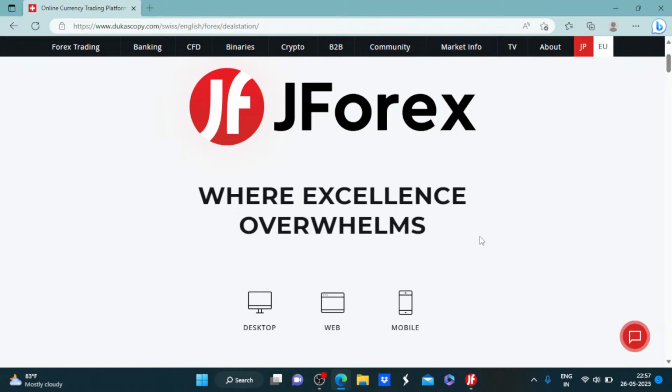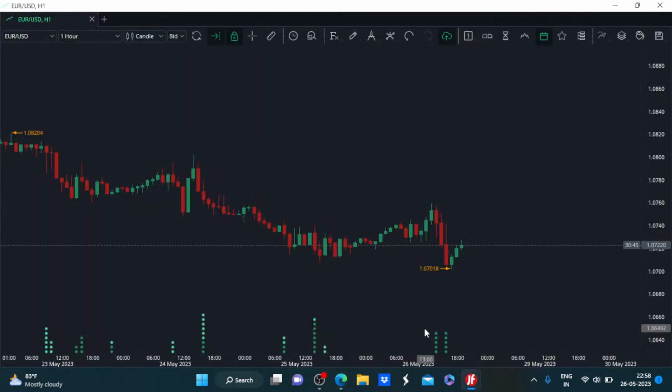So let us now head to JForex, the newly released trading platform from the Dukascopy Bank SA. This is the Euro USD chart with each candle period defined at hourly.